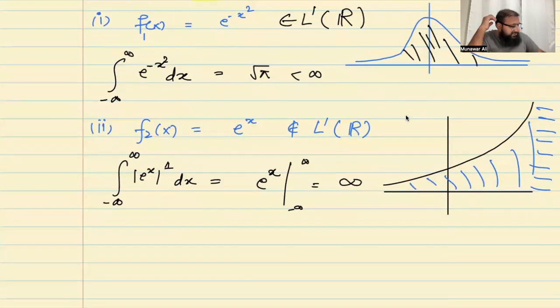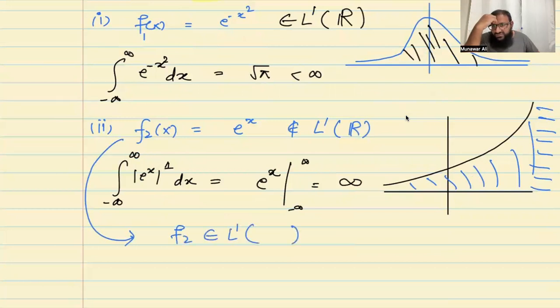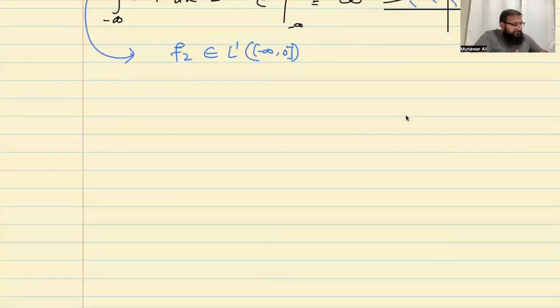But you can say that f2 belongs to L1 if you restrict yourself to a smaller set, let's say from negative infinity to 0. Then this is L1. So you have to change the functions and the domains where they are defined. Then you can say this is in L1 and this is not in L1.